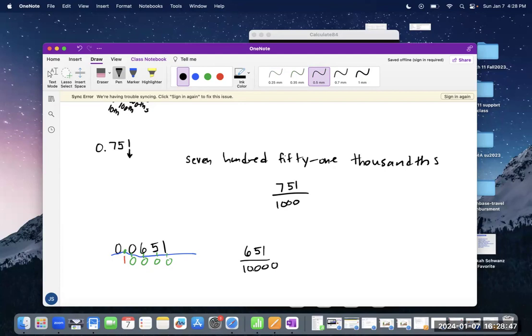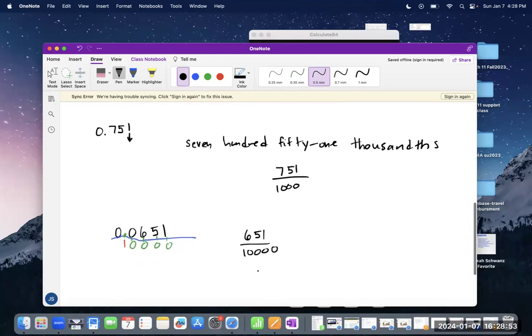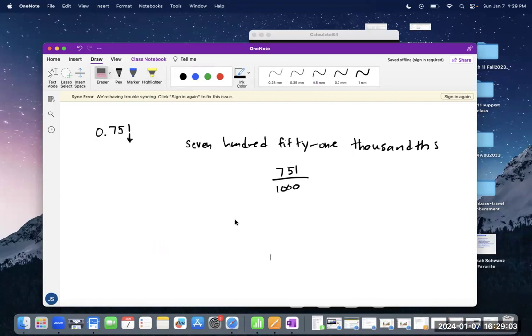That's another little trick, a way to turn any decimal into a fraction. Also, just really quickly, if you also had a whole number portion. So let me redo this problem up here. What if we had 3.751?